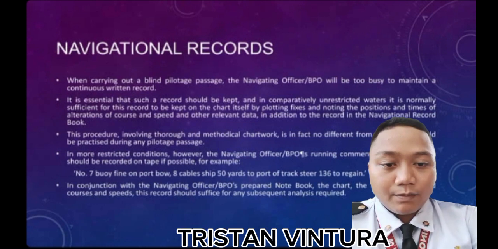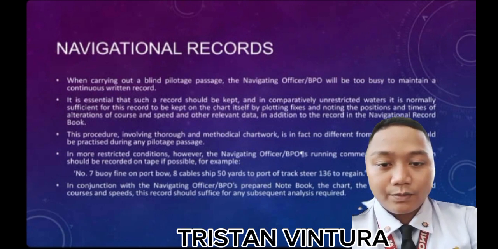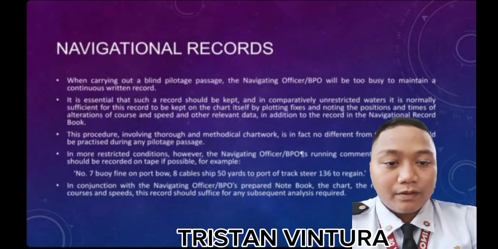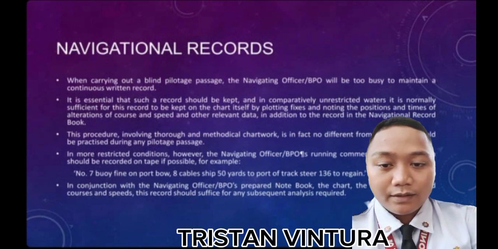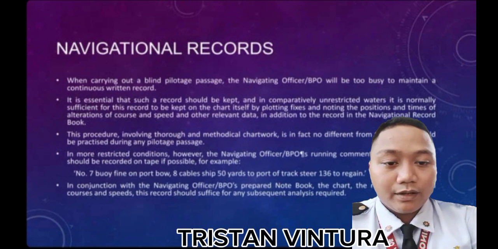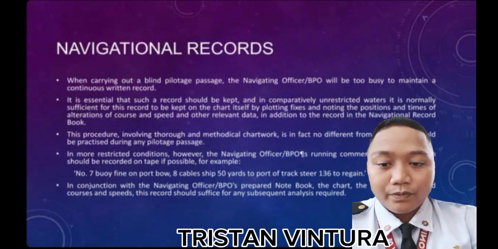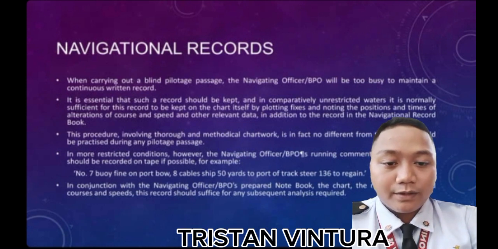In comparatively unrestricted waters it is normally sufficient for this record to be kept on the chart itself by plotting the fixes and noting the position and times of alteration of course and speed and other relevant data, in addition to the record in the navigational record book. This procedure, involving thorough and methodical chart work, is in fact no different from what should be practiced during any pilotage passage.